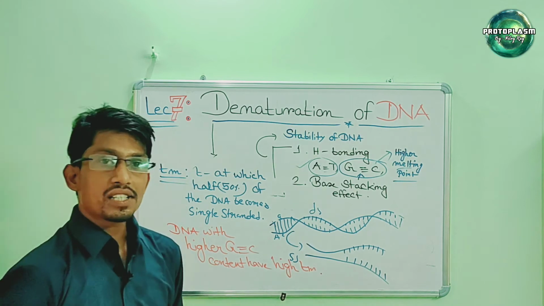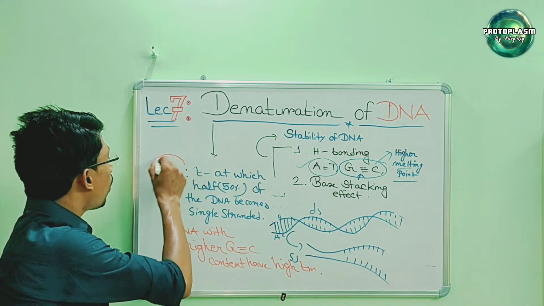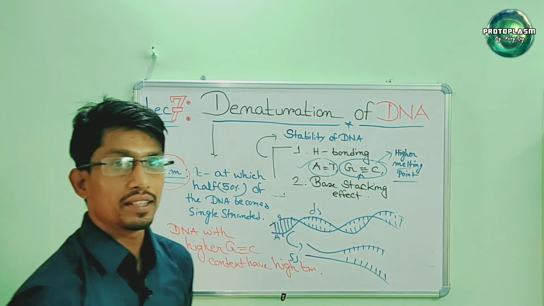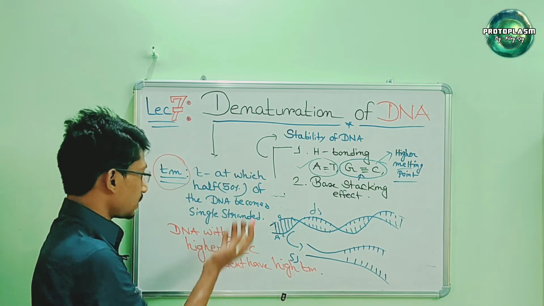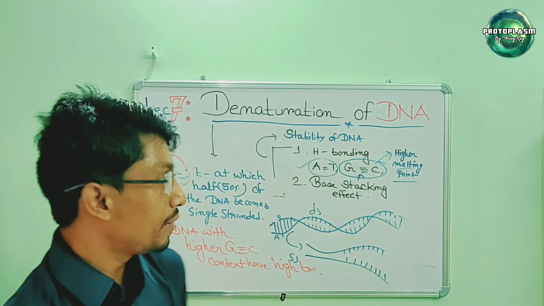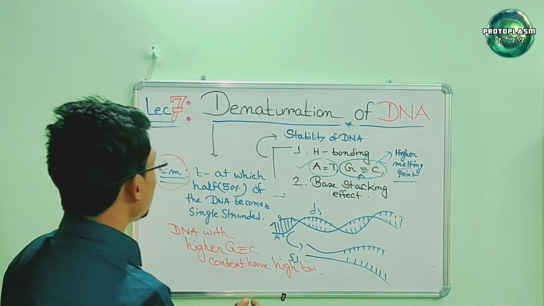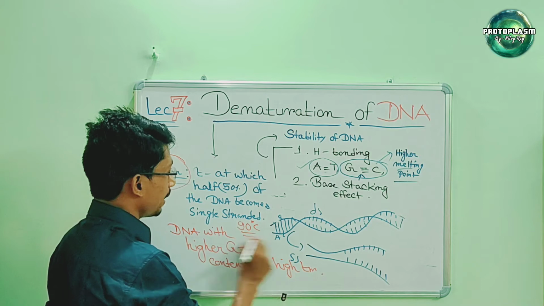Every species' DNA does not have the same melting point or melting temperature. Upon variation of species, the melting point of DNA is different for every species. Generally our DNA is denatured around 90 degrees centigrade.